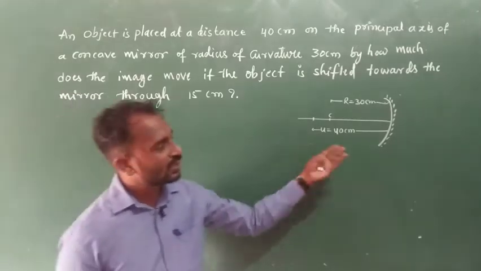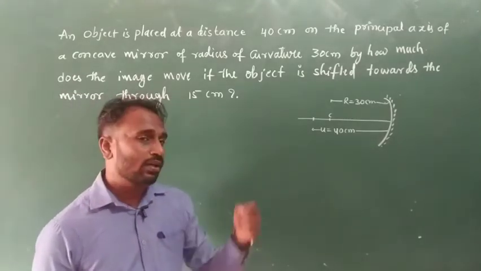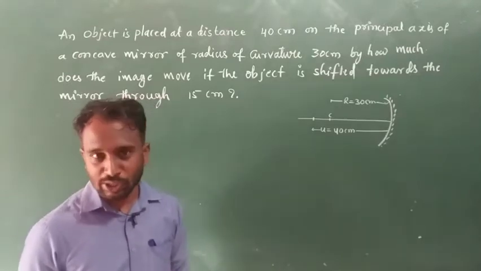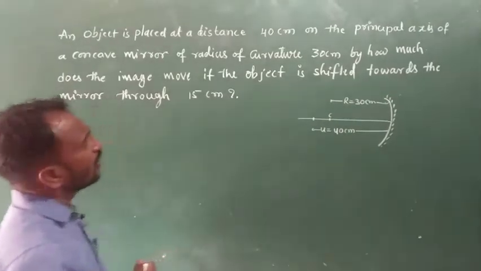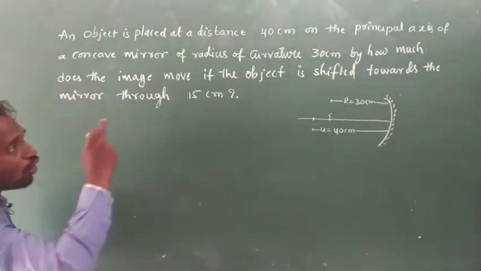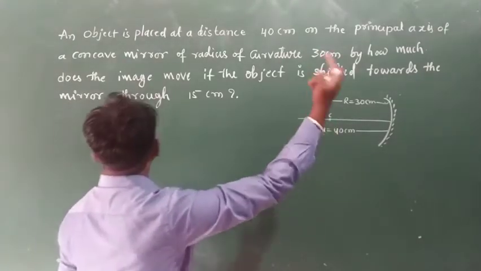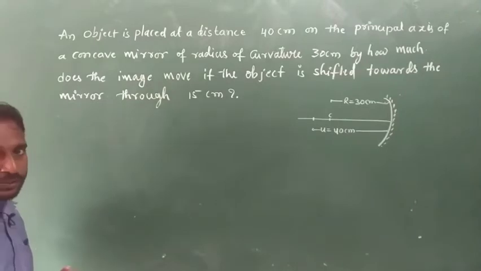For a concave mirror, the focal length is negative. Next one: how much does the image move if the object is shifted towards the mirror through 15 centimeter?